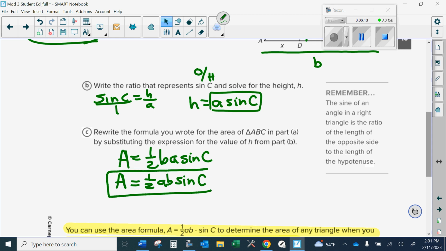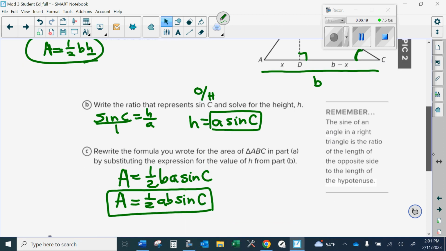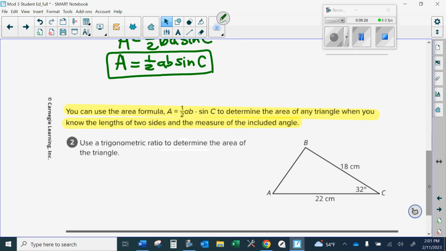So that's another formula if you're in this situation that you can use. And so here it is right here, A equals 1/2 AB sine C, if you have, as it says here, two sides and the included angle. What does included mean again?